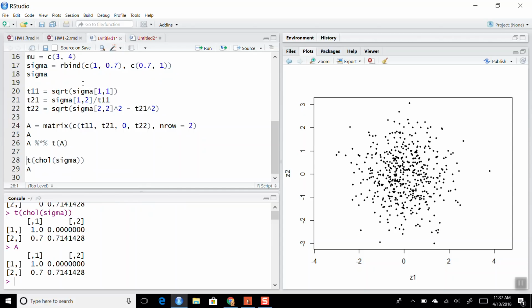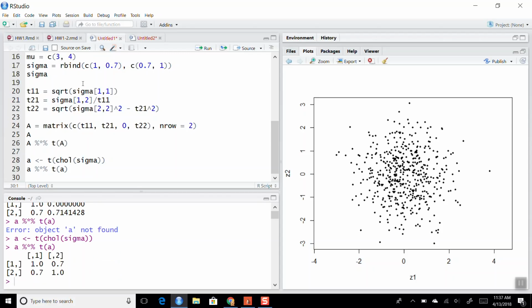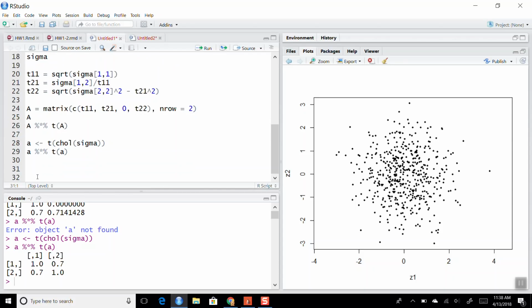Okay, so I could call this little a, and we'll see that little a times transpose little a also gives me back the other thing. So what we did, we did the algebra and we figured it out this way, and we got our terms. But we can also just cheat and use R's built-in Cholesky decomposition function. Yeah, for a 2x2, it's not that bad. For bigger matrices, it gets a little messier, but it's still easy.